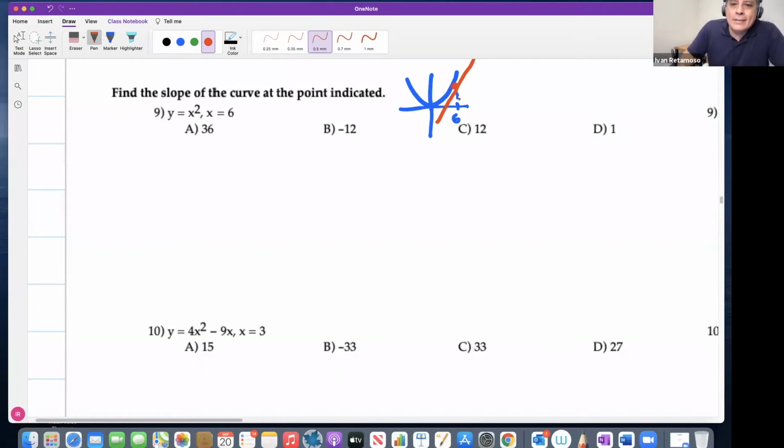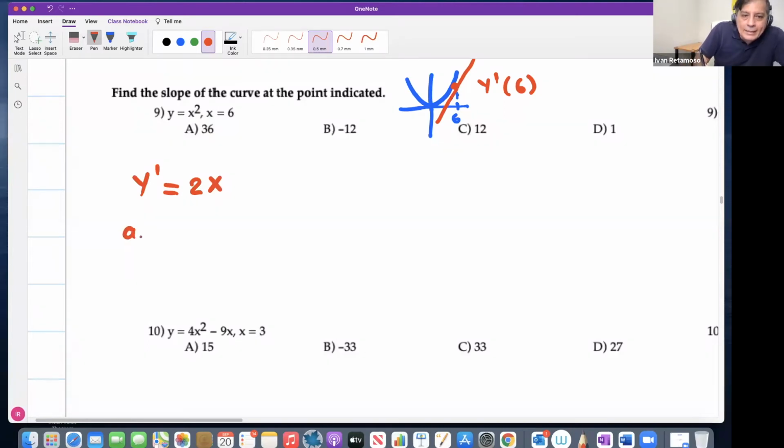But that is just the derivative, right? The derivative evaluated at 6. The good news is that we now have a way to compute the derivative. Derivative of y equals x squared, applying the power rule: 2 comes down, x stays with 1 less, 2 minus 1 is just 1, so y prime is 2x, right?